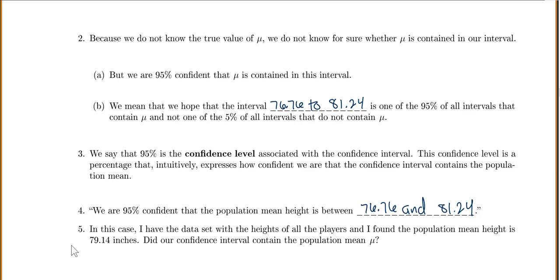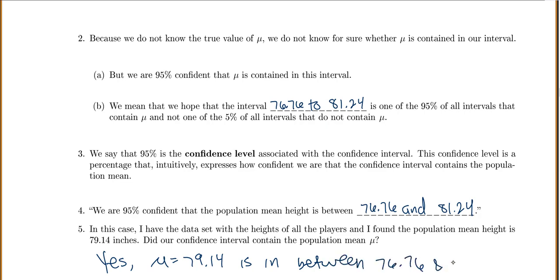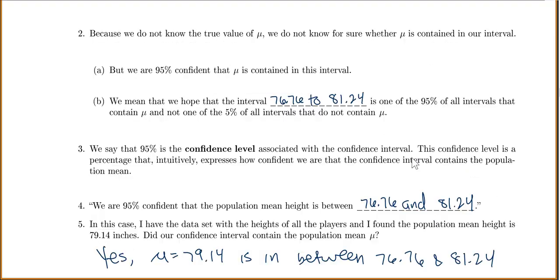Well, 79 is between 76 and 81, so yes, mu equals 79.14 is in between 76.76 and 81.24. So in this case, we were lucky. The confidence interval that I found was one of those 95% of all the possible intervals that actually contained mu.